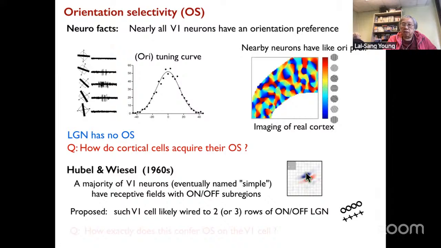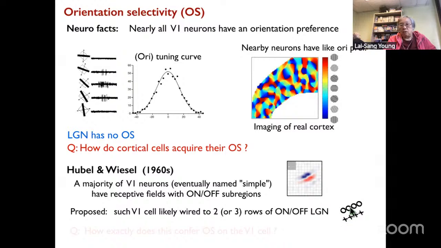If the neuron is sensitive to this region, it's not sensitive to exactly the same things. There's a part that's sensitive to changes from dark to light, and a part that's sensitive to changes from light to dark. It comes in 2 bands, sometimes 3. So the natural conjecture is, why is it like that? It must be because it's wired to LGN in a particular way.